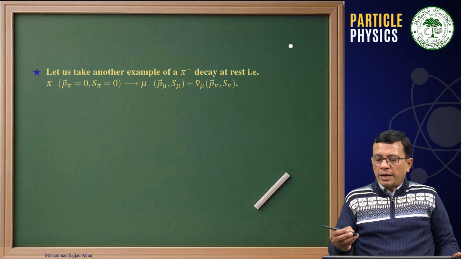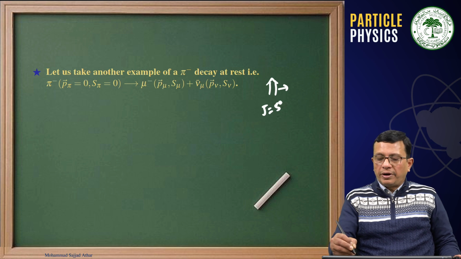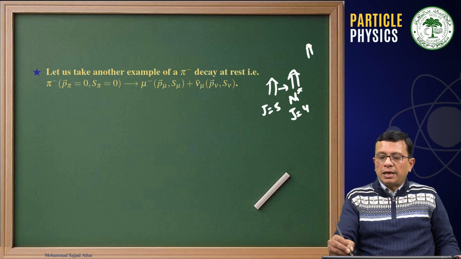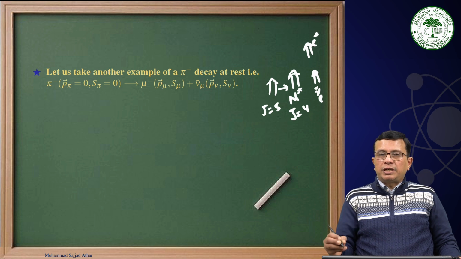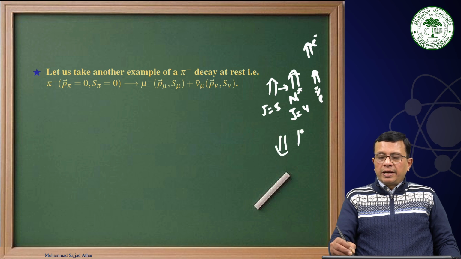Remember, while I was discussing the cobalt nucleus, I told you that this is the cobalt nucleus with J equal to 5, and this is the nickel with J equal to 4. We had the electron and anti-neutrino in the same direction to conserve total angular momentum. Then we reversed the direction of the magnetic field, so every particle was in the opposite direction.